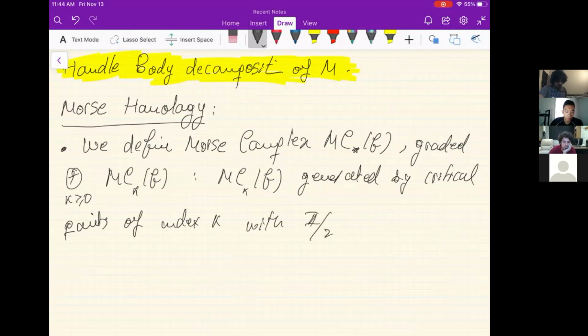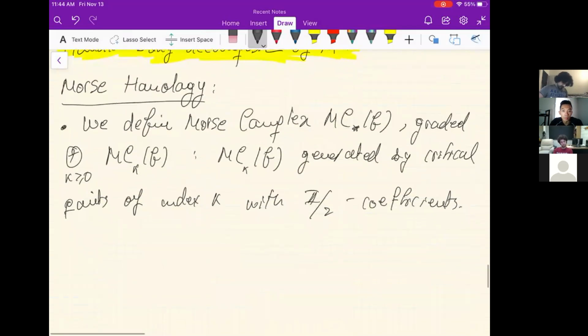Here I don't want to talk about orientations, so I just consider Z2 coefficients. So MC_k is just Z2 of, let's say, critical point A, direct sum Z2 of critical point B, and so on, so that A, B and all the points have the same index k. And so this is my complex.